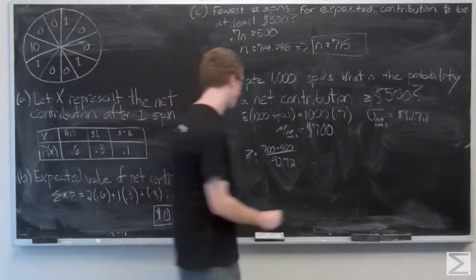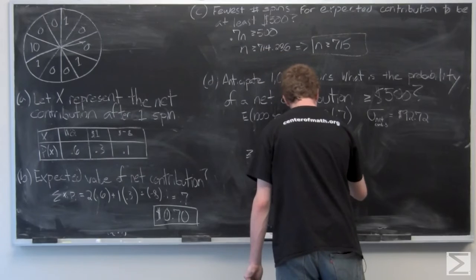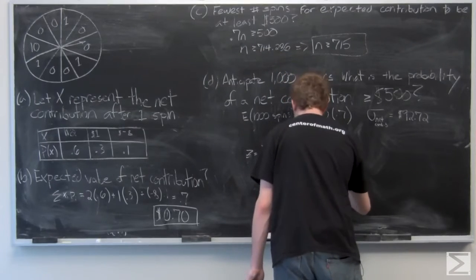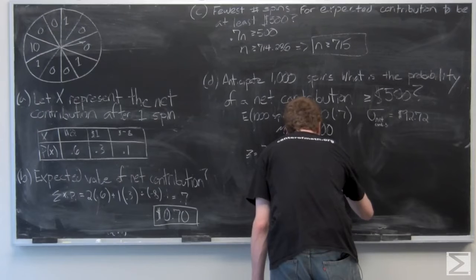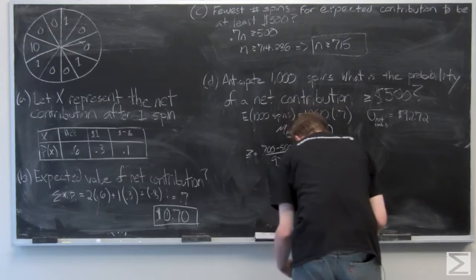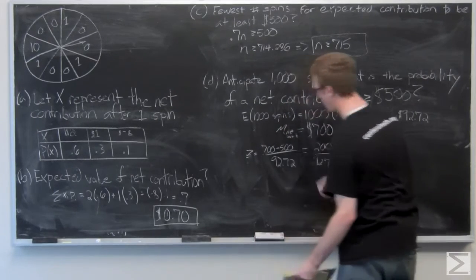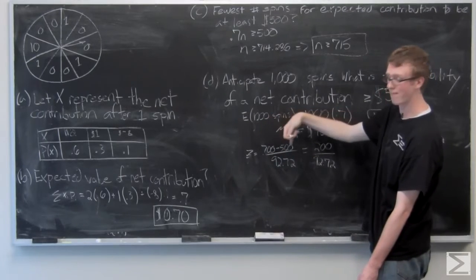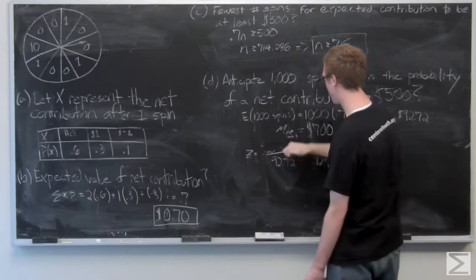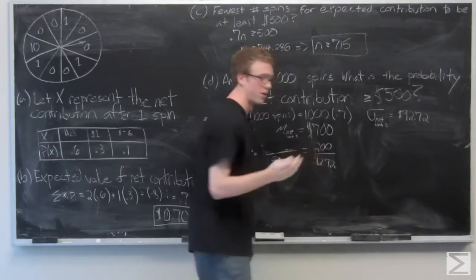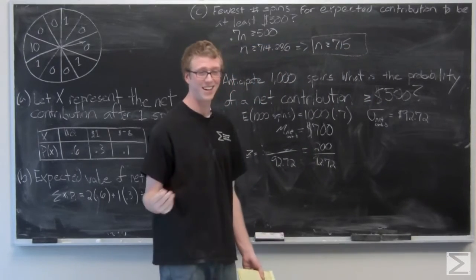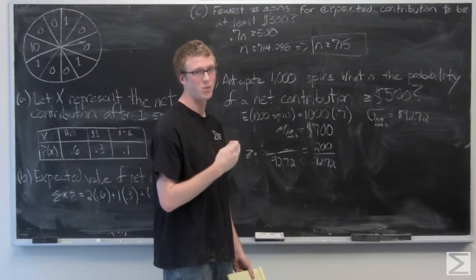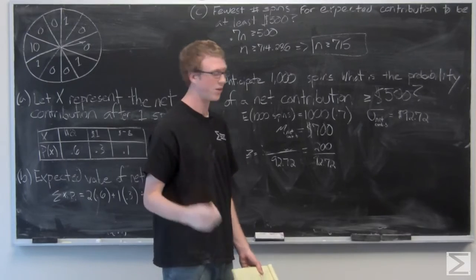Now we can finish out the z-score. I actually ordered this wrong originally. This is supposed to be 500 minus 700. It wouldn't affect your probability in the end as long as you correctly interpret the z-score that you're figuring out.